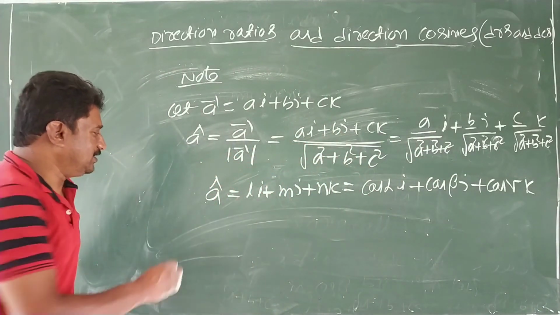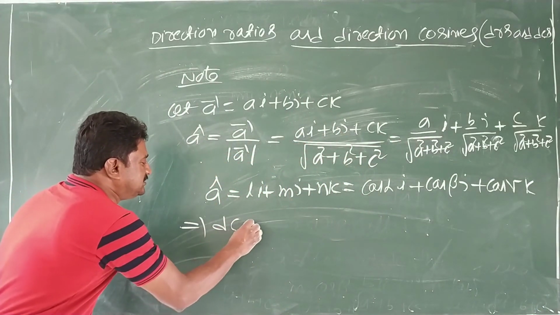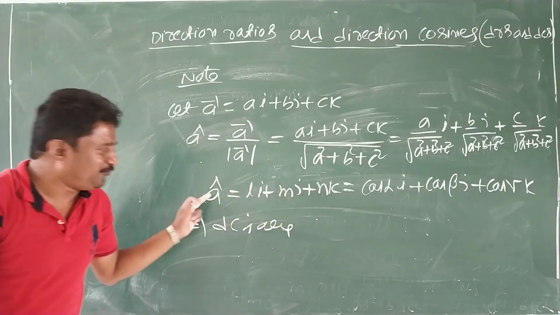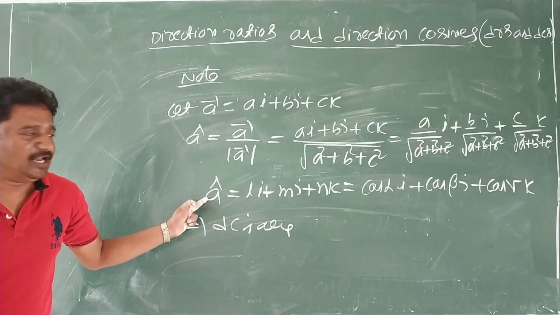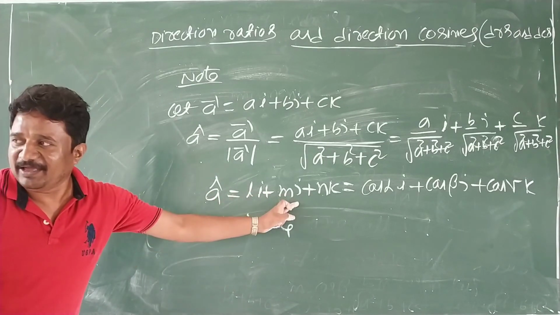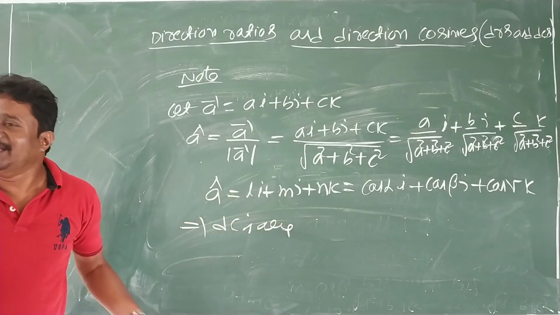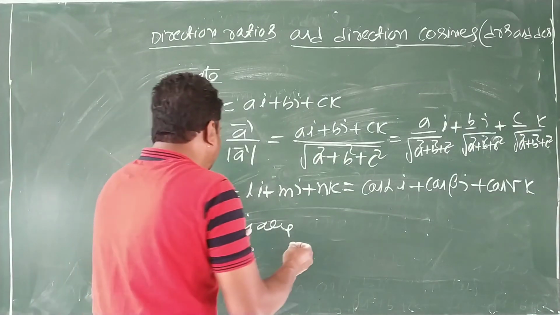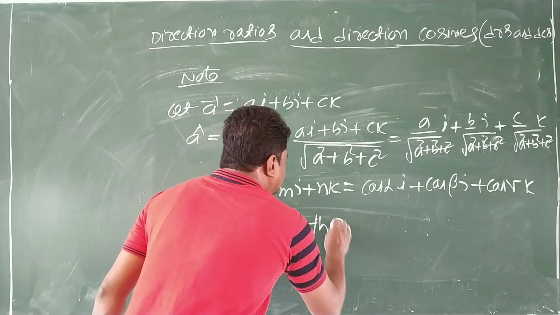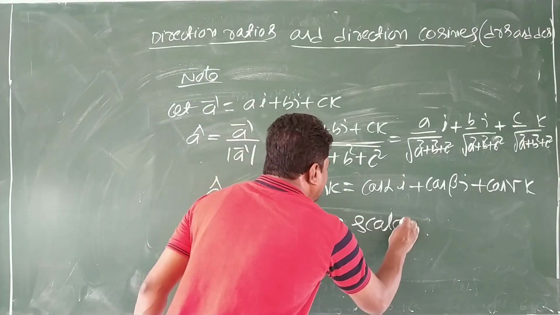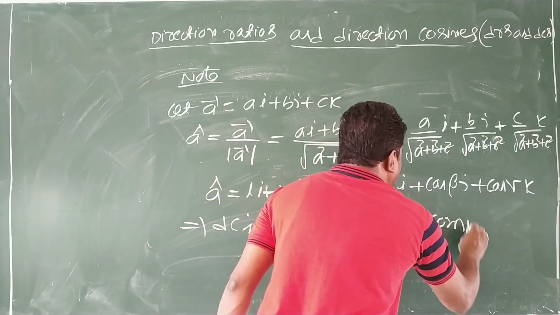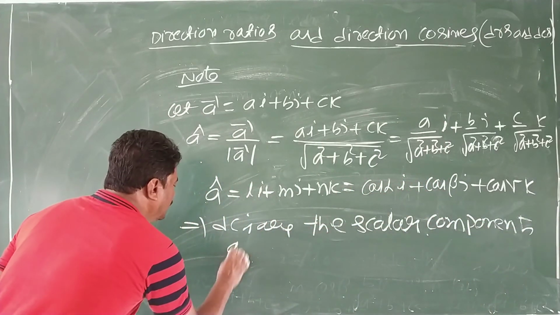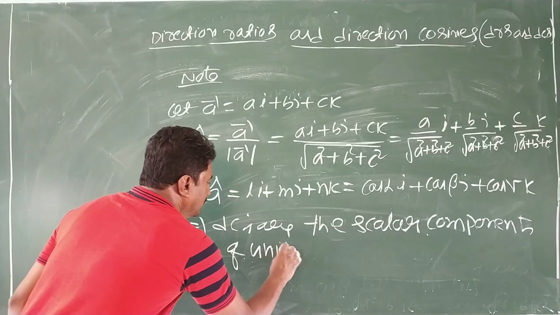So l, m, n, that implies DCs, what are DCs? Scalar components of unit vector. DCs are the scalar components of the unit vector.